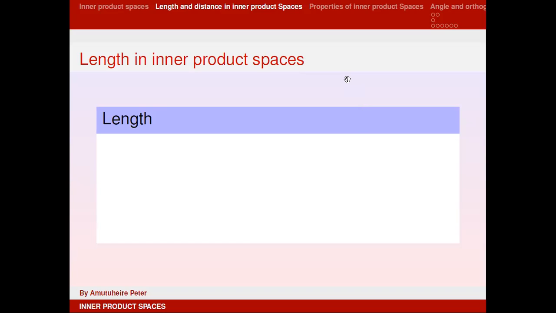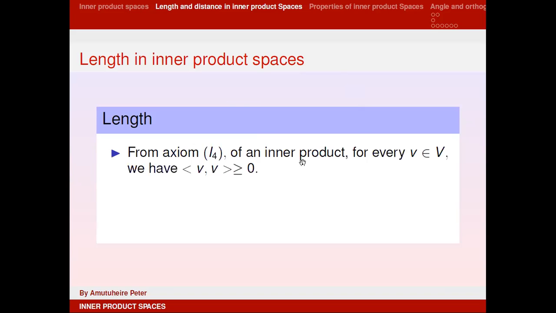Okay, so the next thing we want to define is the length in an inner product space. Of course, we know length as a scalar quantity, but we want to see a notation for the length in an inner product space. From axiom 4, length cannot be negative.